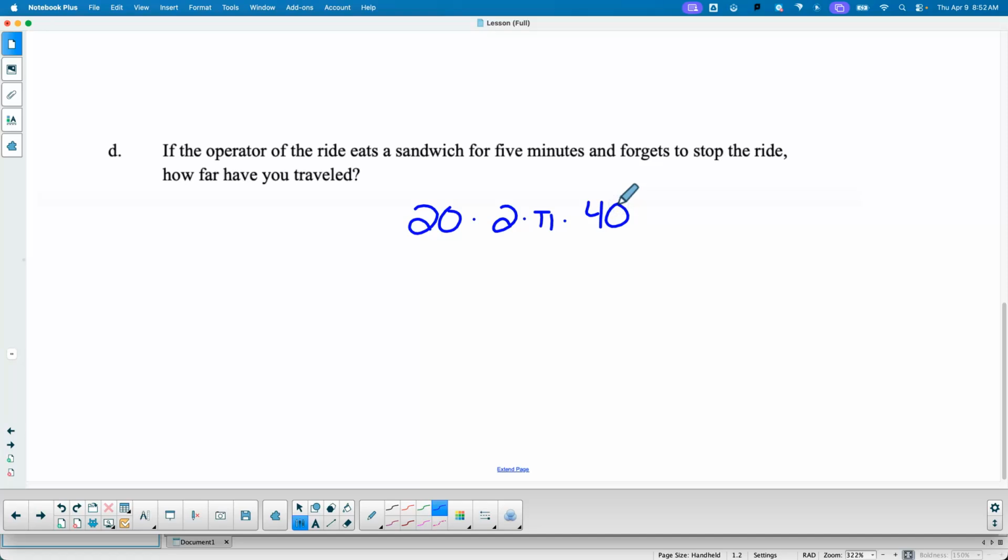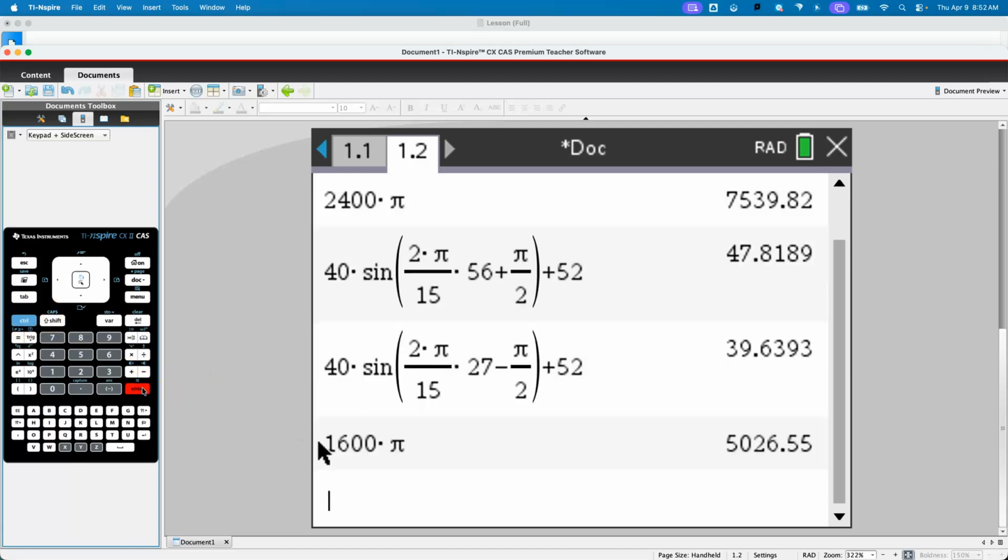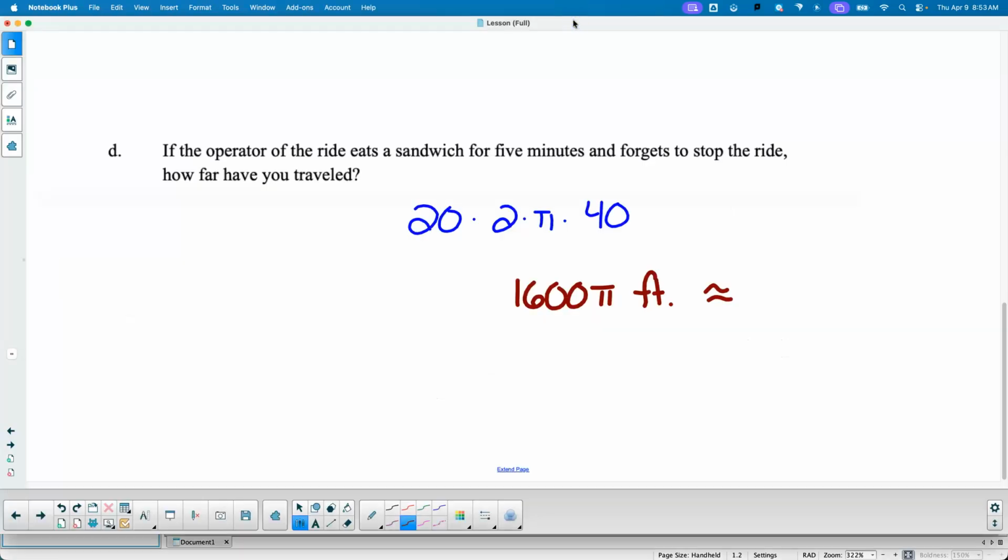So that's 40, so that is 1,600 pi feet, or approximately 5,026.548. Okay. Good times.